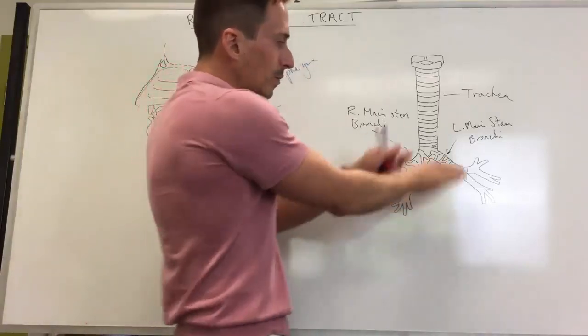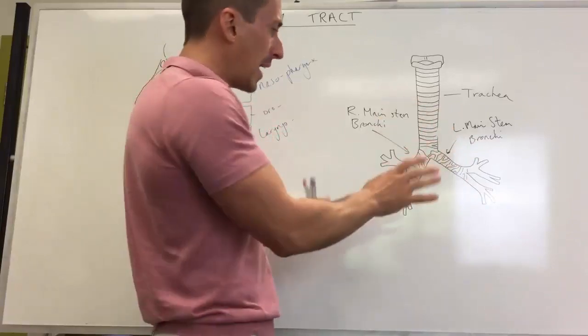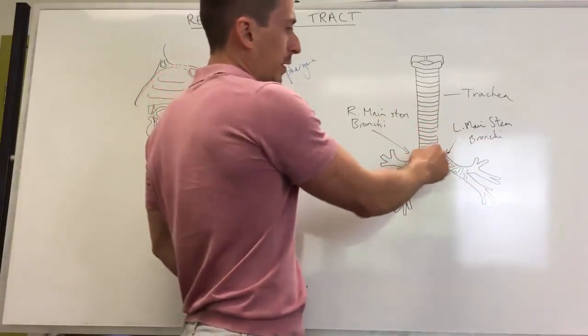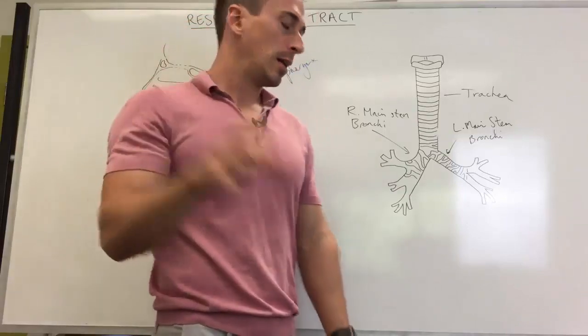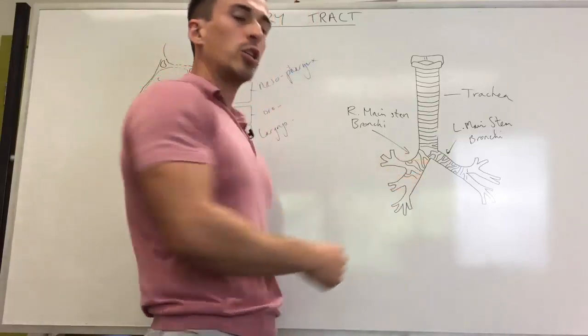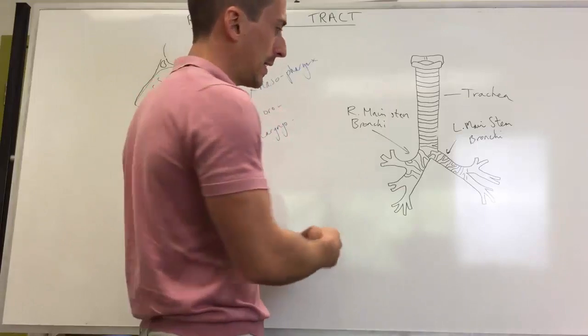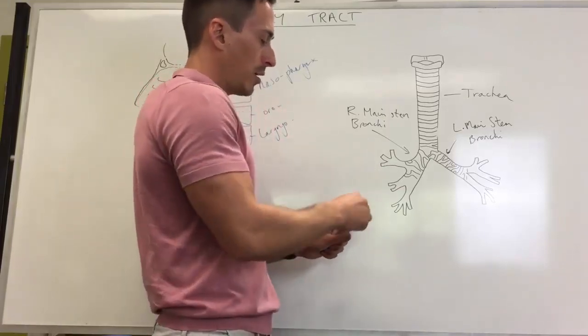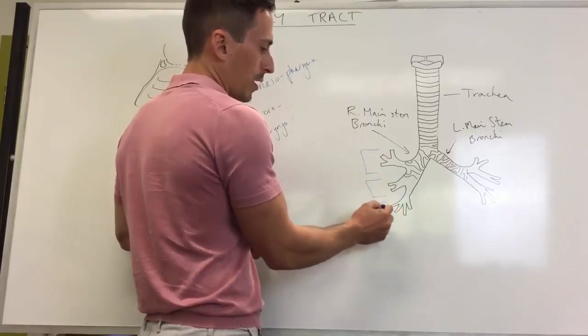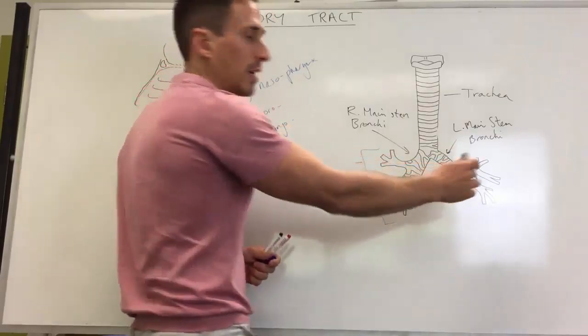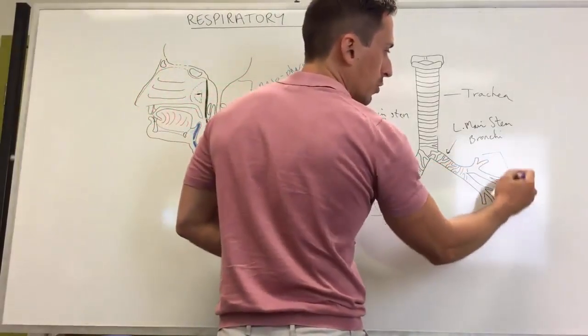Now, this splitting off into the left and right main stem bronchi, it will split off again. Now, this splitting off into secondary bronchi splits off on the right hand side 3 times. 1, 2, 3. And on the left hand side splits off 2 times.